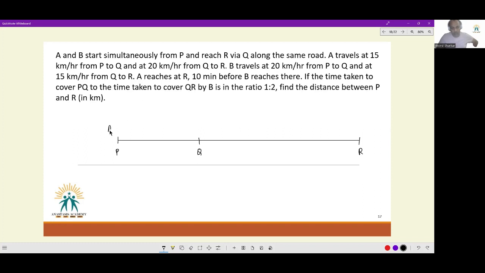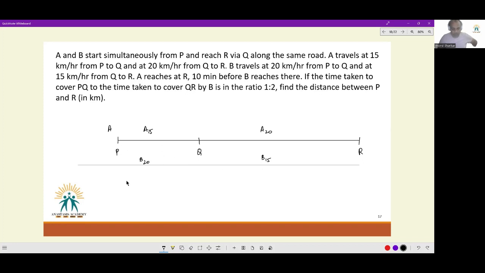Let's say A in this range has a speed of 15, and in this range has a speed of 20. B in this range has a speed of 20, and in this range has a speed of 15.